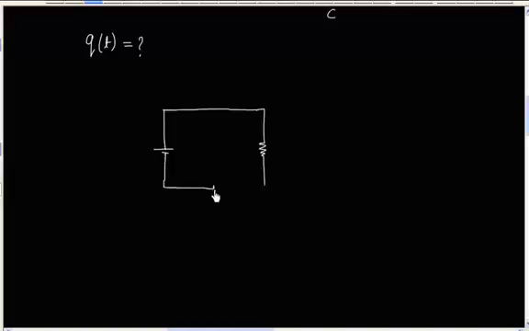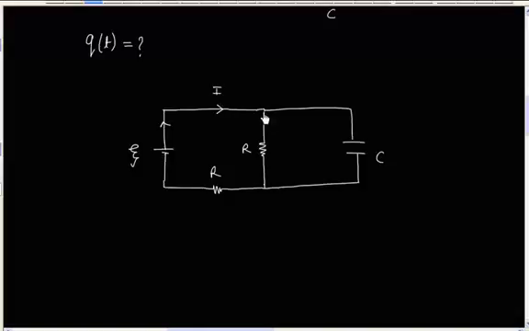We have two resistors, resistance is R, and we have a capacitor, capacitance is C, and battery EMF is ξ. Let us say the battery sends a current of I, and when this current reaches here, it is divided into two parts.